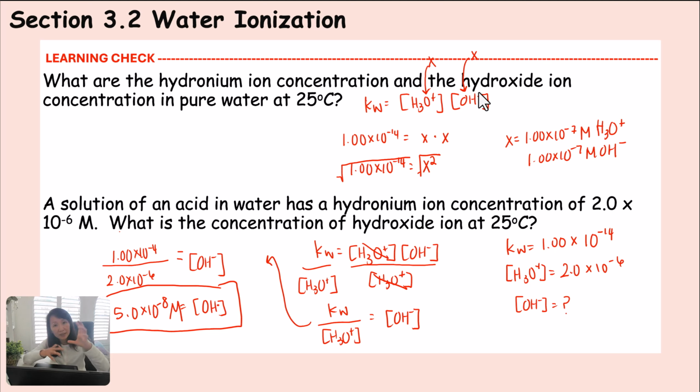That's where things are going to shift back and forth. And it is that particular value that we can use to determine if a solution is acidic, very basic, and so on and so forth. It's, again, the hydronium ion and the hydroxide ion that's going to help you in the next few videos in determining how acidic a solution is.